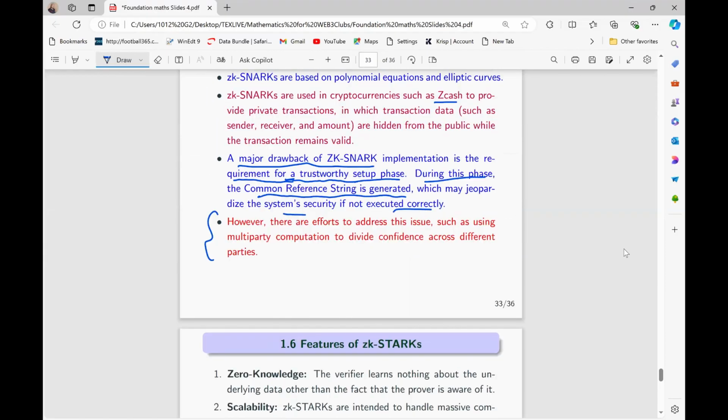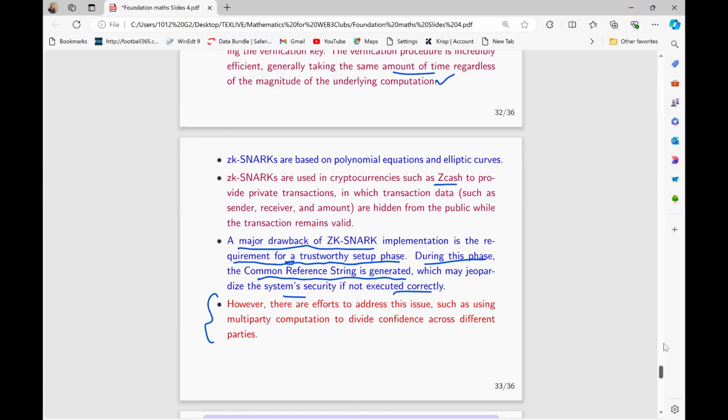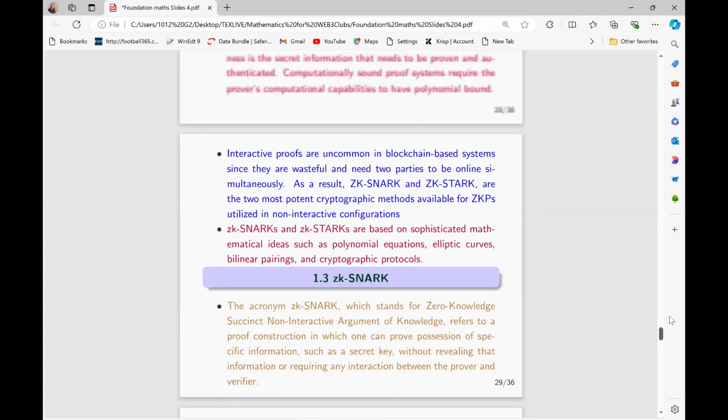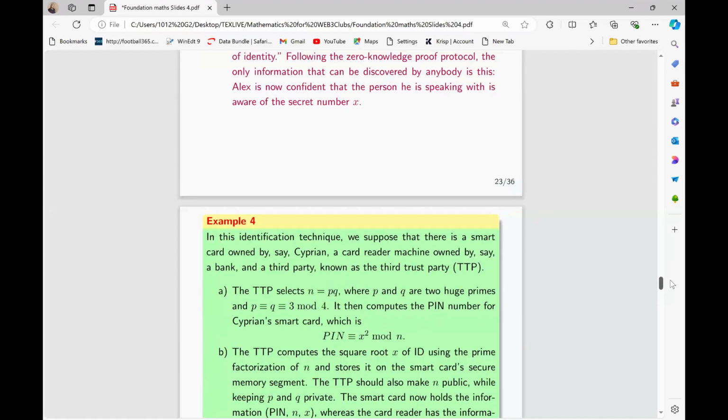So it comes in to seal that loophole. Now, I want us to go to some example here.